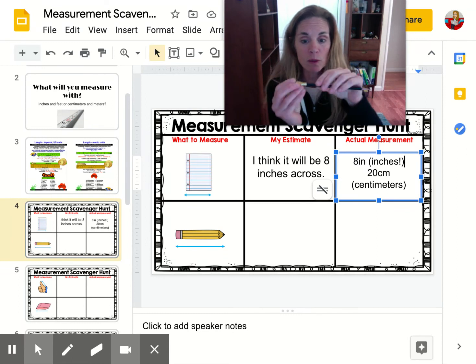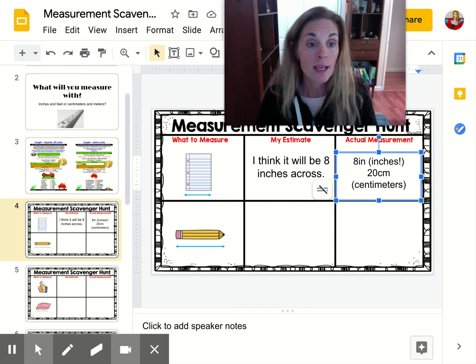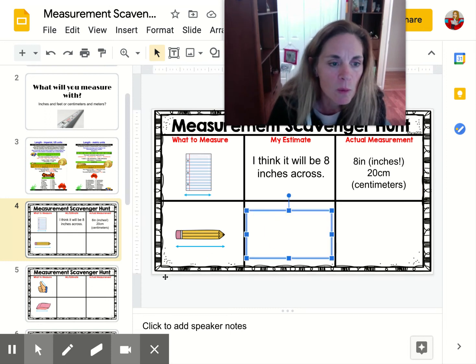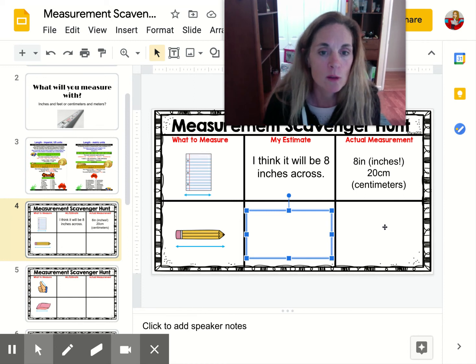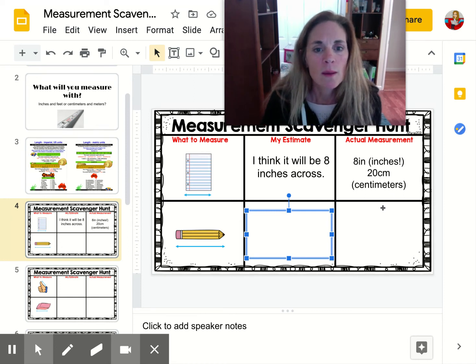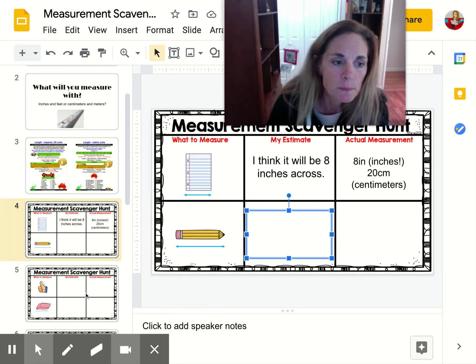Maybe you're the kind of person who waits until your pencil is all the way at the very end. So some people will have long pencils, some people will have short pencils. Like for you, you just click into the box and you say how long you think your pencil is going to be, and then you measure it. And try to do it with both the imperial system and the metric system.